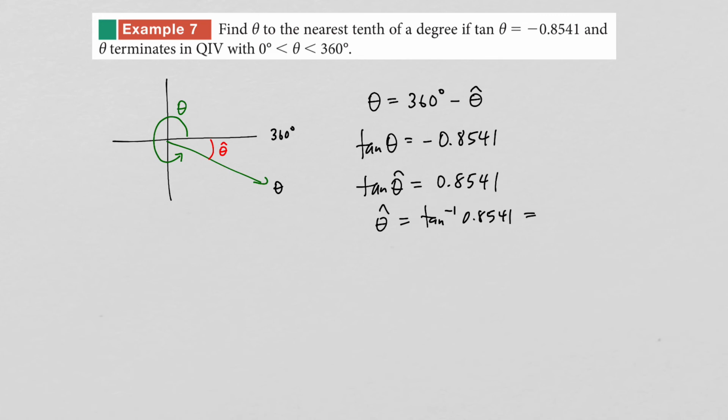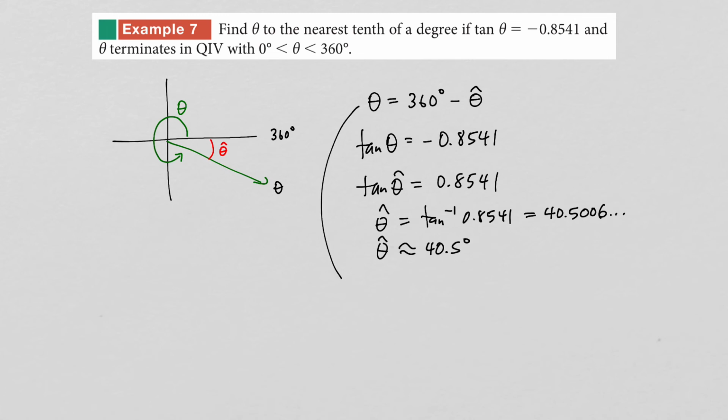And so just type that into your calculator, inverse tangent of 0.8541, and what you should get here is 40.5006, etc. So we'll say that theta hat is approximately 40.5 degrees.